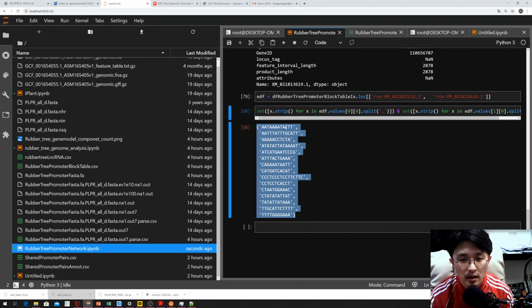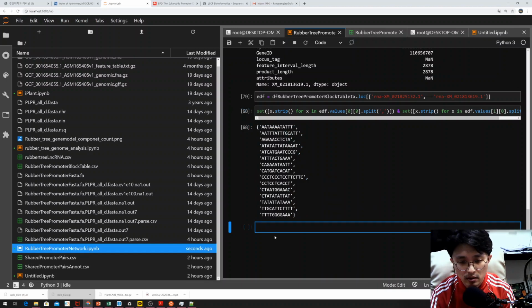But these blocks are really well conserved for some reason. So I was thinking that I could find some clue from a Google search, but it was very hard. Actually, I don't think they have a very good database of promoters, because it is very hard to generalize whether these sequences are right or not.